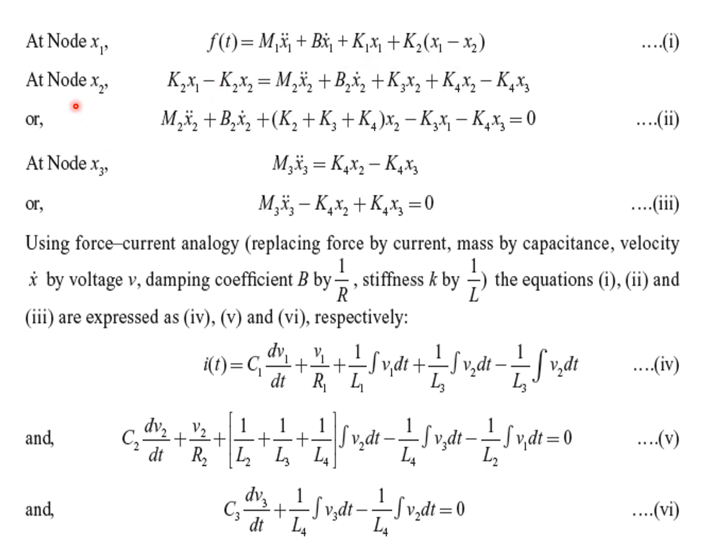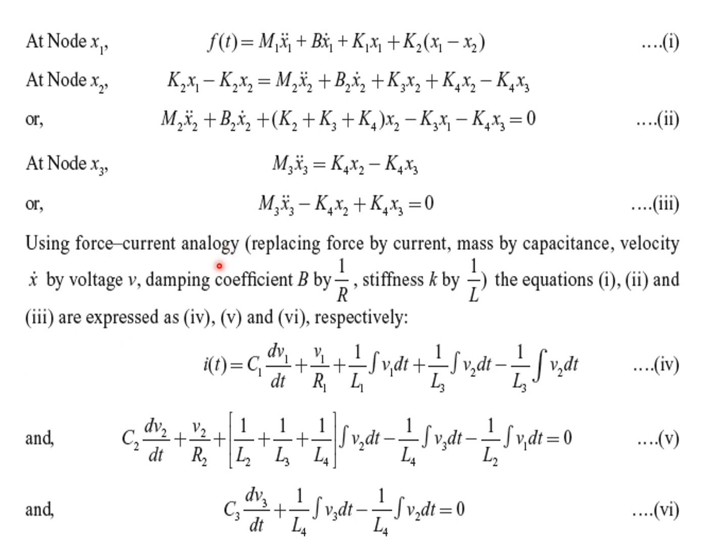At node x2 we have k2 x1 minus k2 x2 equal to m2 x2 double dash, that is m2 d square x2 by dt square plus b2 dx2 by dt plus k3 x2 plus k4 x2 minus k4 x3. And similarly the third equation is m3 x3 double dash plus k4 x3 minus k4 x2 equal to 0.